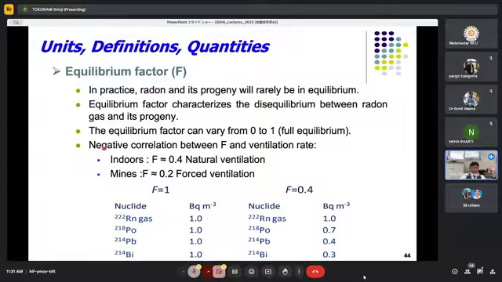There is a negative correlation between equilibrium factor and ventilation rate. For example, in an indoor environment, the equilibrium factor is around 0.4 with natural ventilation. In mines, the equilibrium factor is about 0.2 with forced ventilation.